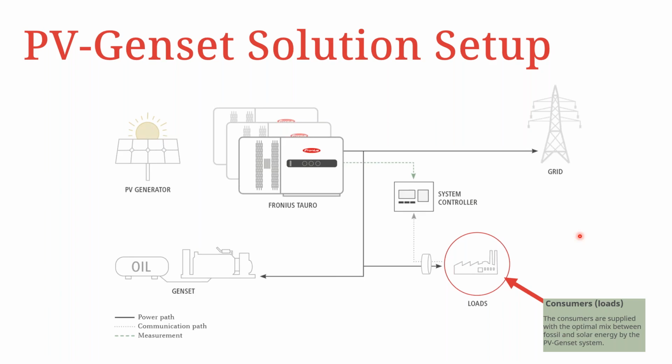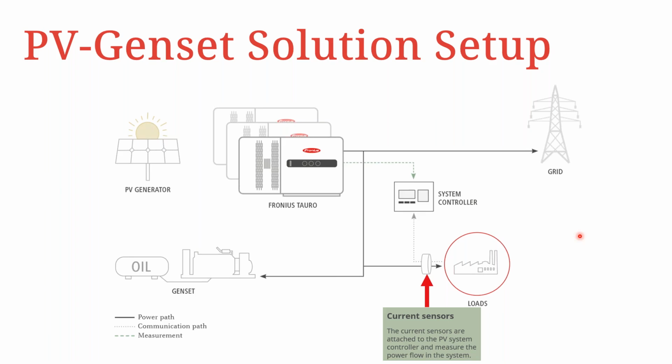Next, we have the load point, which must be supplied. This supply is usually a mix of fossil and solar energy, depending on the scenario. The next up is a very critical component, which is the current sensors. This current sensor communicates with the system controller.